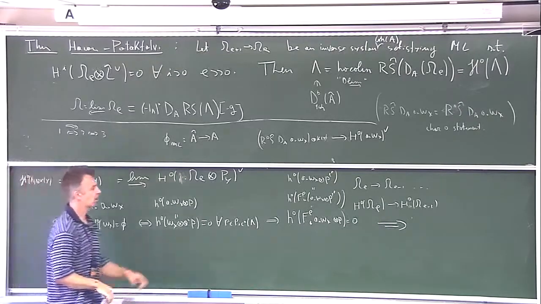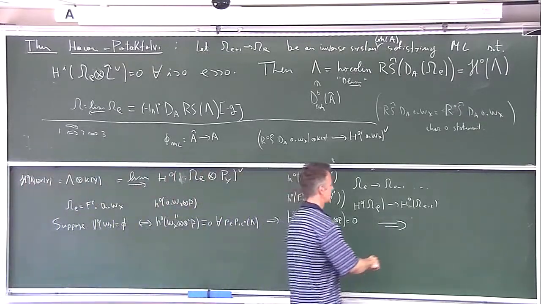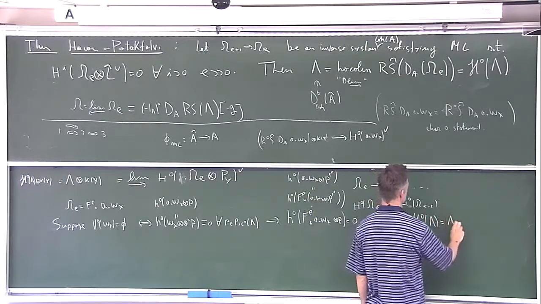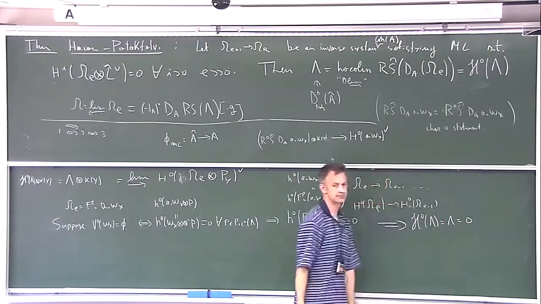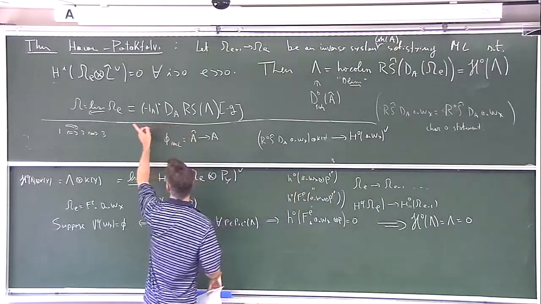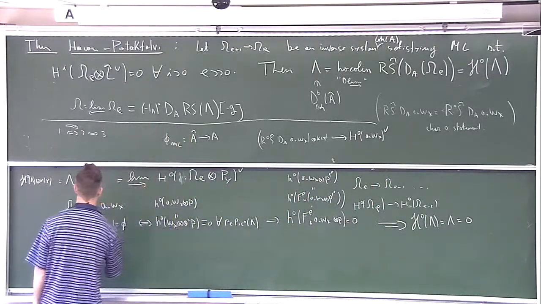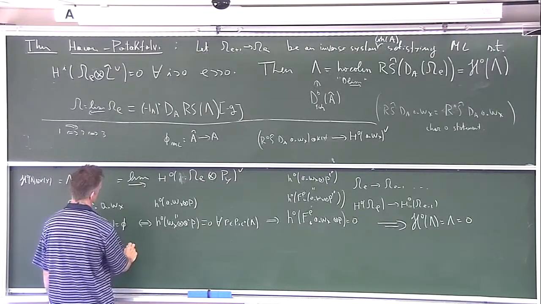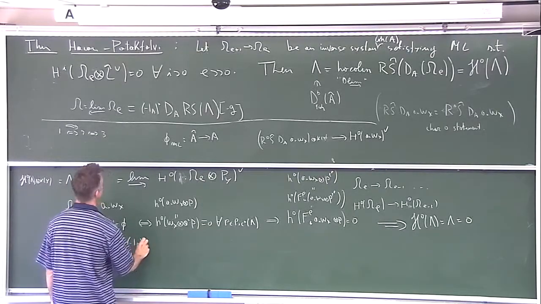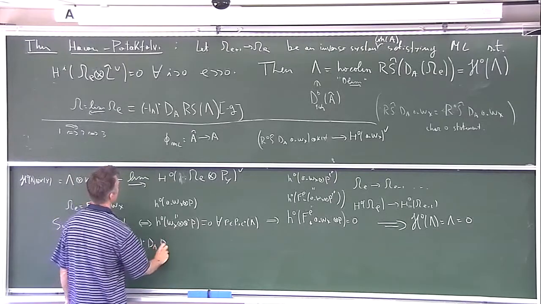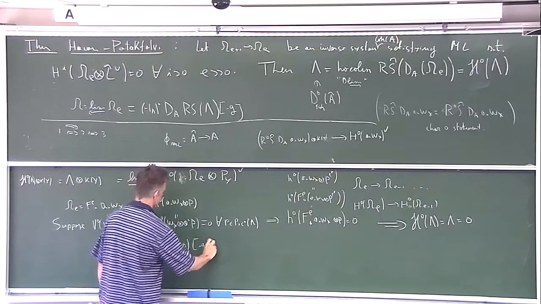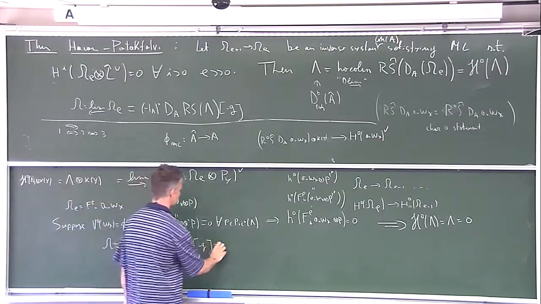Okay, so if these are 0, that's telling me that H0 of lambda, which is equal to lambda, is equal to 0. Okay, but then omega is equal to minus 1 A upper star dA Rs of 0 shifted by minus g. Whatever you do to 0, it's still going to be 0.